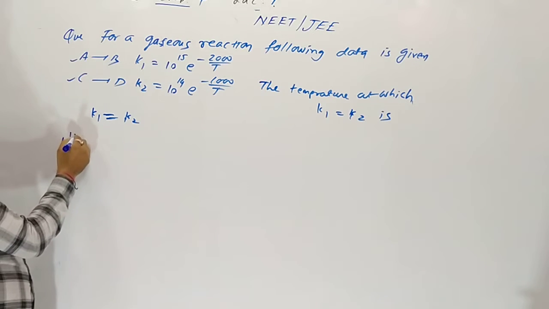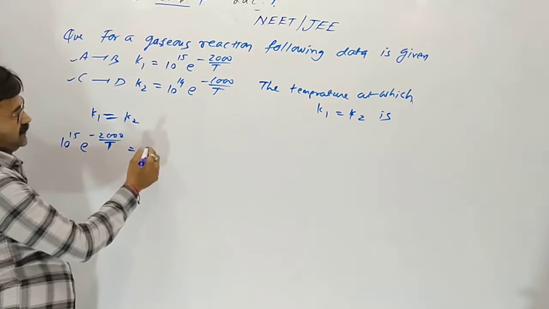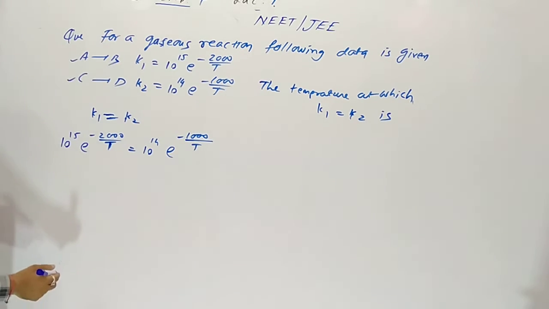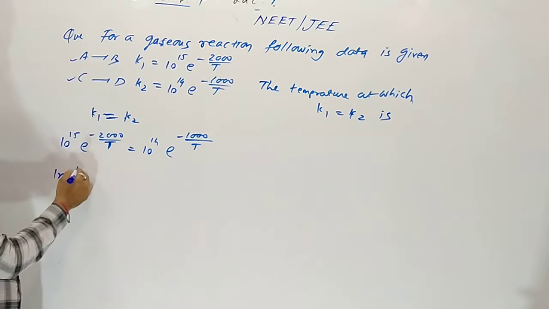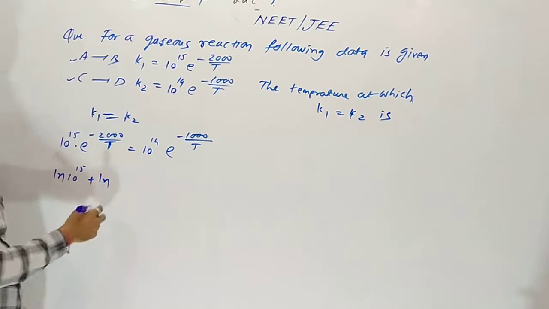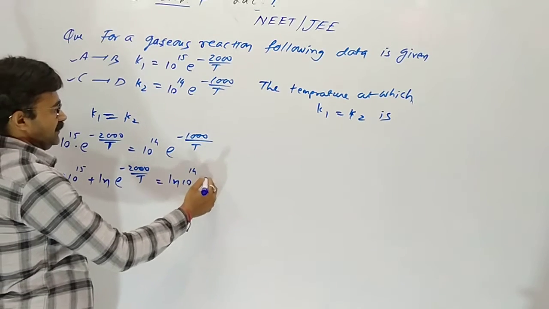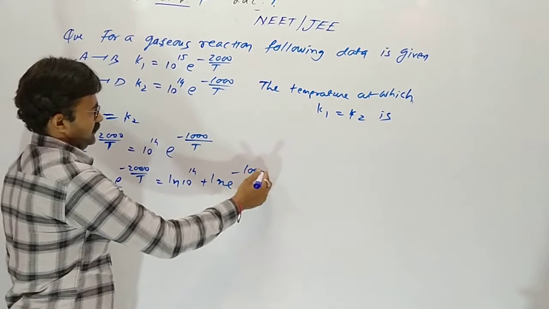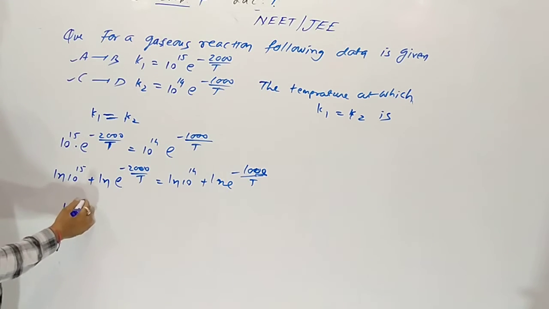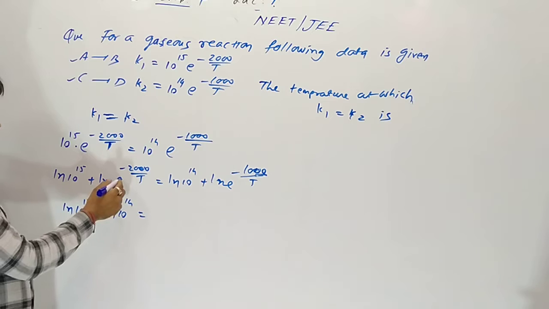So put down the values here: 10 raised to 15 e raised to minus 2000 upon T, here 10 raised to 14 e raised to minus 1000 upon T. Both sides taking ln. So ln 10 raised to 15 in multiplication here plus ln e raised to minus 2000 upon T, ln 10 raised to 14 plus ln e raised to minus 1000 upon T. So here ln 10 raised to 15 minus ln 10 raised to 14, ln e cut.